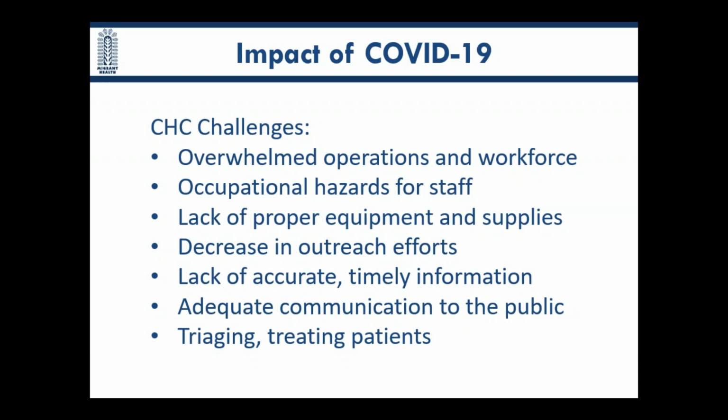And one area that we have seen greatly impacted by this pandemic is outreach. The Farmworker Health Network is currently exploring whether we can gain information on other strategies to conduct outreach in a different way versus face-to-face, which is something that's been done normally for ag workers.